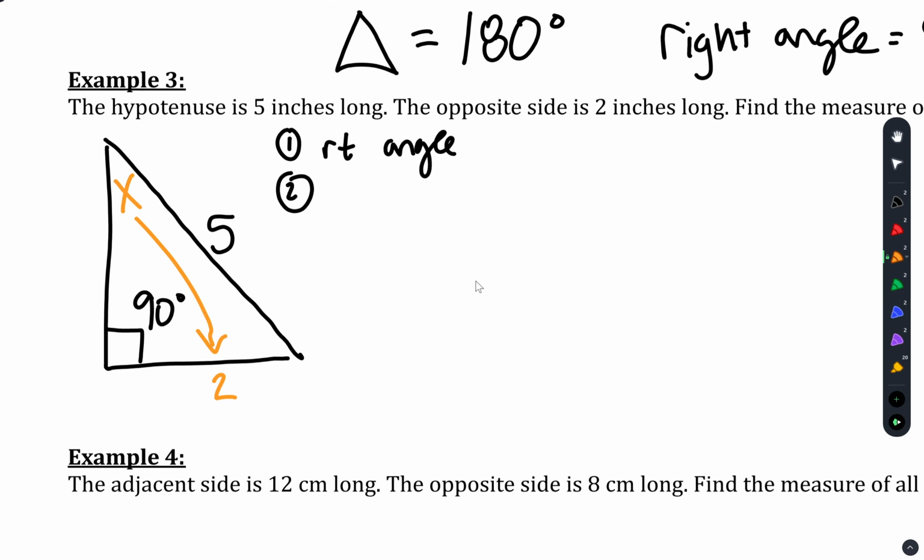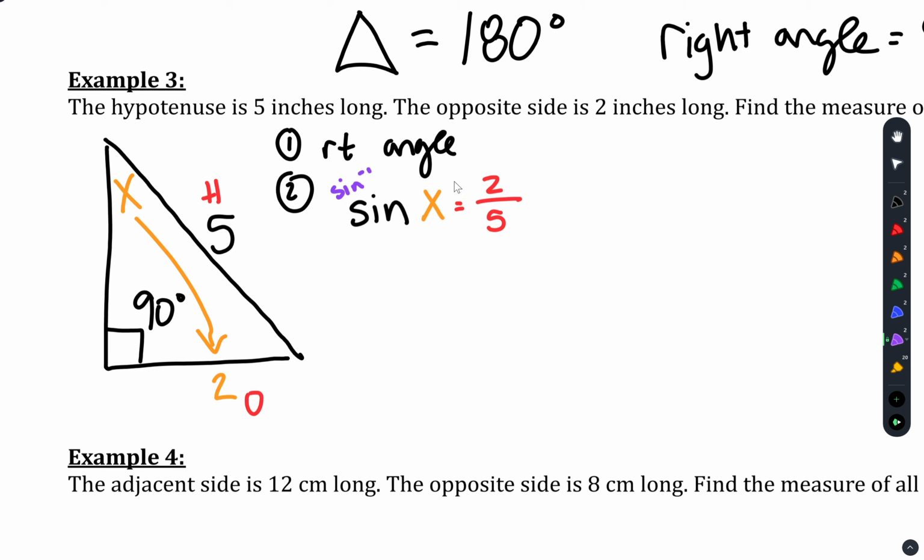Okay. Now, how are we going to find that second angle? We're going to use our trig. Think about what pieces we have. Which trig function do we want to use here? Sine. I have the opposite and I have the hypotenuse. This is hypotenuse here. This is opposite here. So we're going to use sine of that angle, which we're going to call x, equals opposite over hypotenuse, 2 over 5. Just like we did on the first page, we're going to solve this using inverse sine. So inverse sine of both sides.